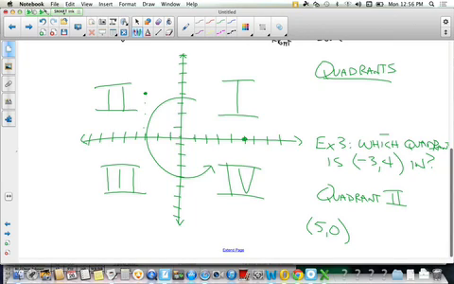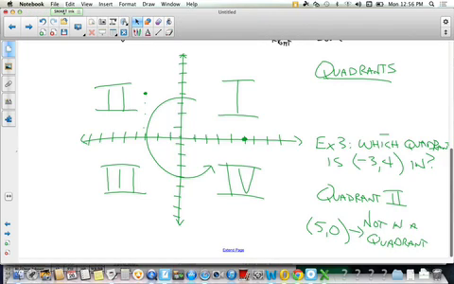So my point is actually going to end up right there on the axis. If that's the case, then we say that's not in a quadrant. So if your point ends up on one of the axes, then it's not actually going to be in a quadrant.